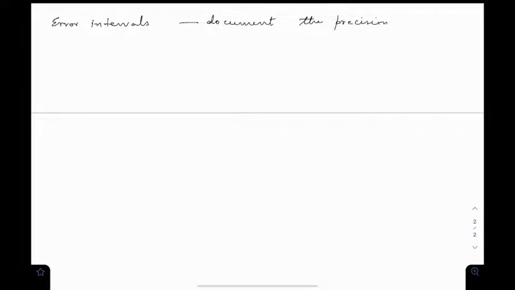Now, the purpose of error intervals is to document the precision of a measurement. And they are indispensable when we combine measurements.